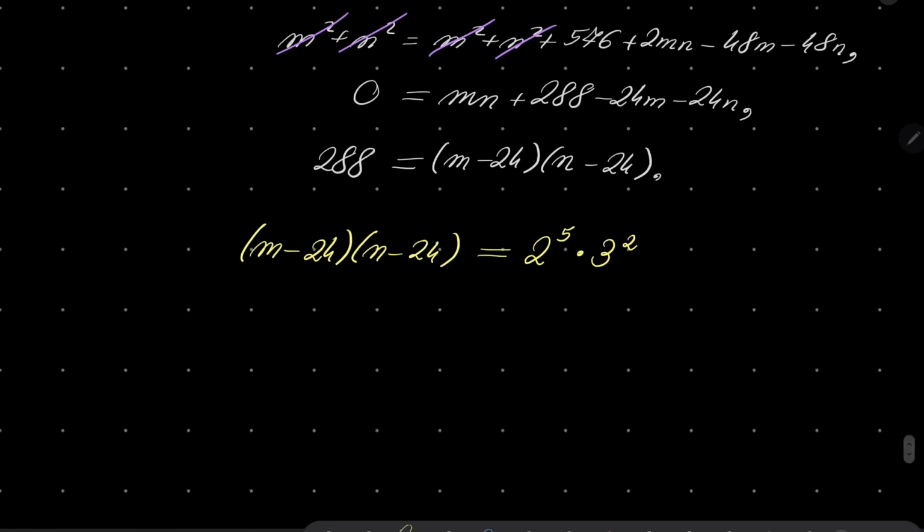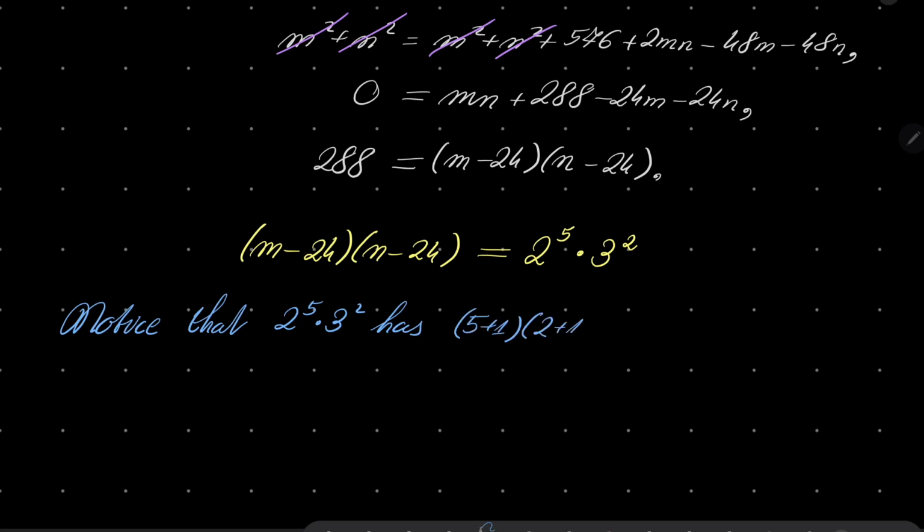Well, notice that 2 to the power of 5 times 3 squared has (5 plus 1) times (2 plus 1), which equals 18 positive divisors. How do I know it?